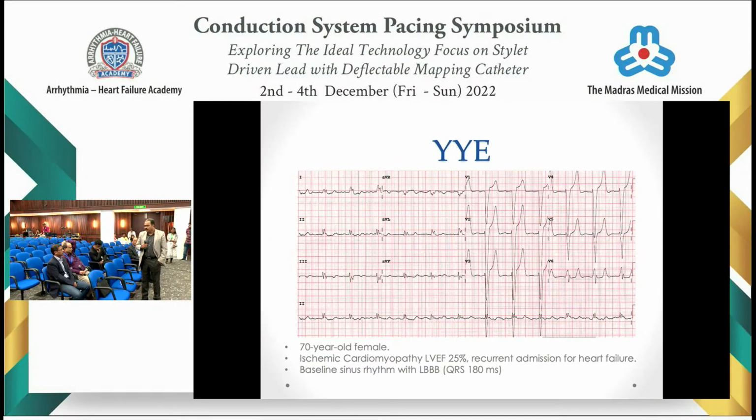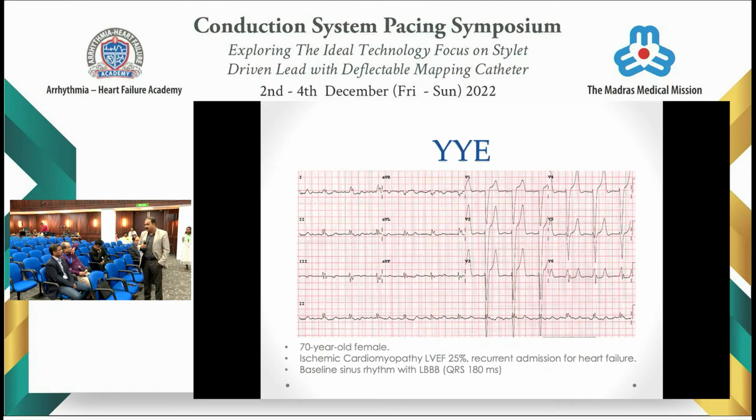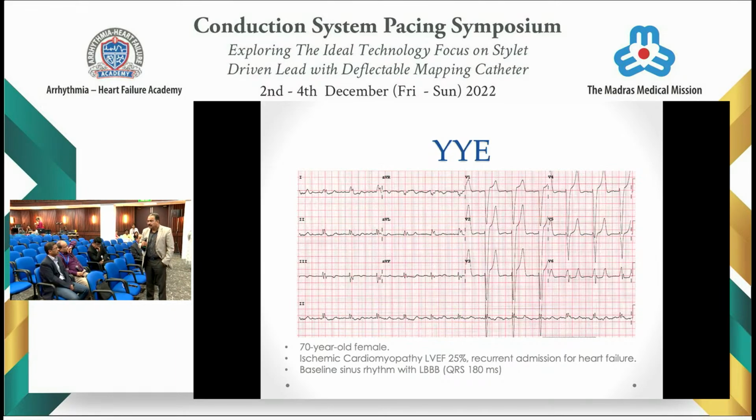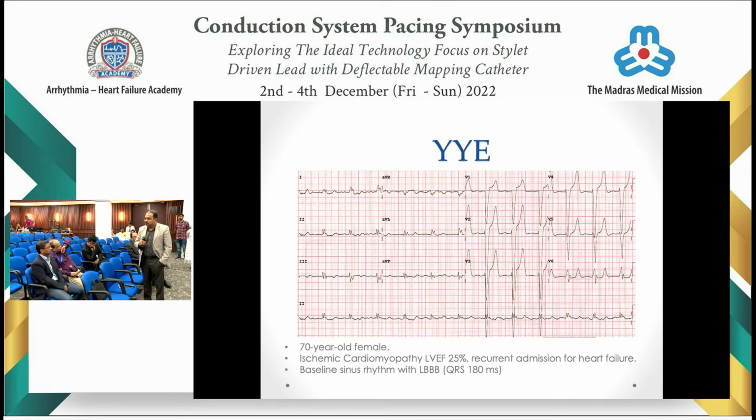It's only because when you do left bundle branch area pacing, selective or non-selective, you are recruiting the right bundle almost instantly, in 20 to 30 milliseconds. But if you pace the right bundle branch in a right bundle branch block, you actually cause a left bundle branch block, because the time taken to recruit the left bundle is significantly long.